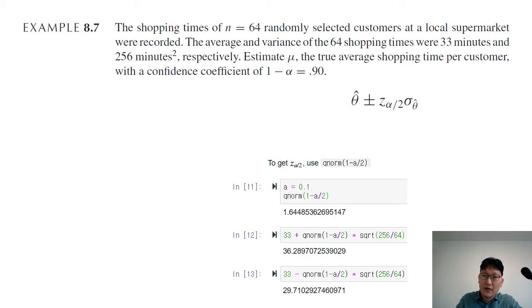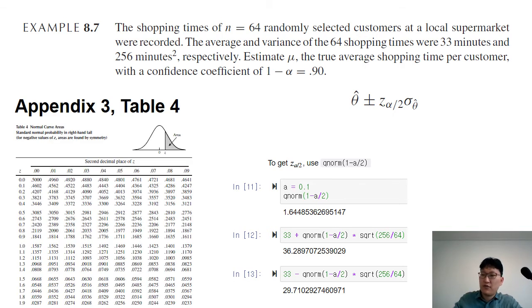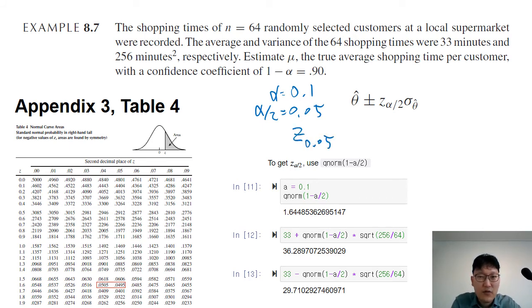And actually, to calculate z alpha over 2, if you are not using R, you should use table 4 in appendix 3. In this table, alpha is 0.1, and so alpha over 2 is 0.05. So you need to calculate z 0.05, and to calculate z 0.05, you need to find the area.